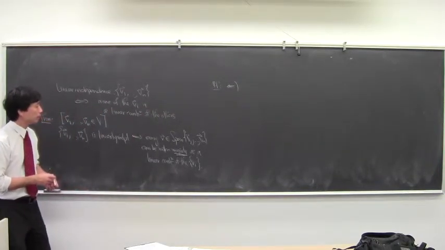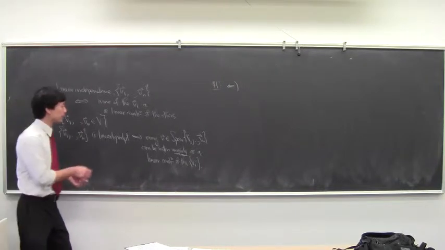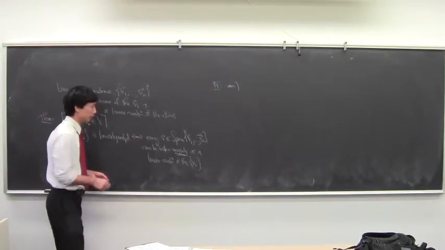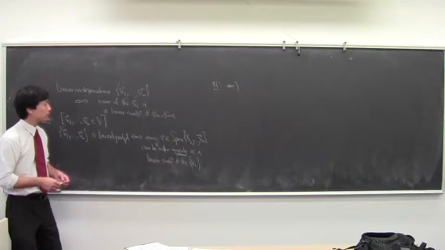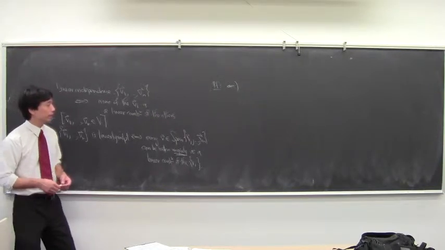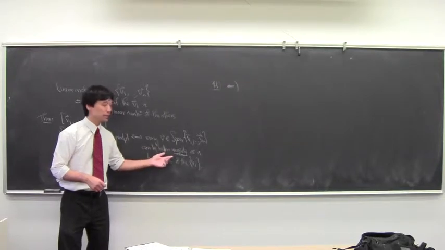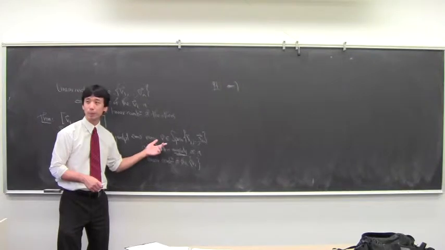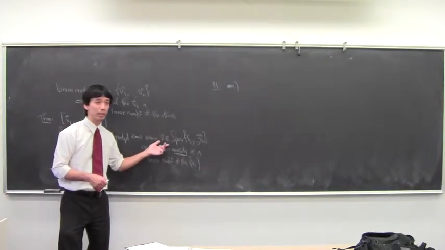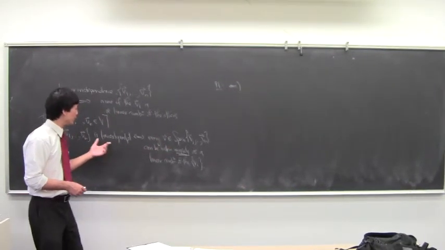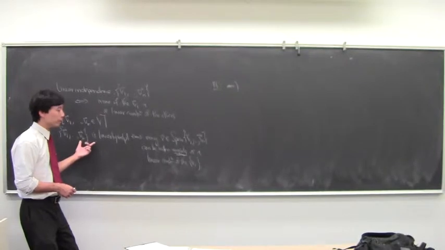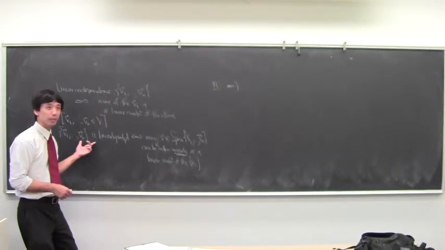Let's go backwards first. The backwards direction is actually easier. Suppose you know that everybody in the span can be written uniquely as a linear combination of the vi. And you want to show that the vi are linearly independent. So why does that follow?